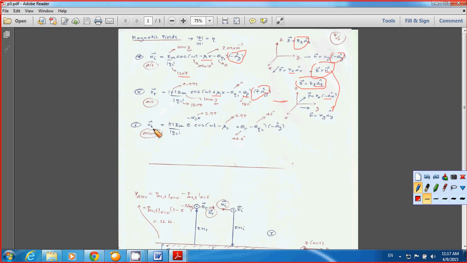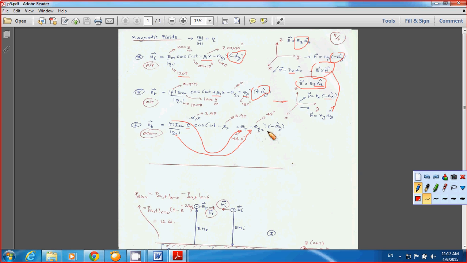Now our transmitted magnetic field, when it's in medium number 2, you use subscript 2 here. HT is equal to ET over eta 2. And you also have this term exponential negative alpha 2 x. And for the phase, you need to add up the phase of the transmission coefficient, and you need to subtract, use the negative theta of eta 2.